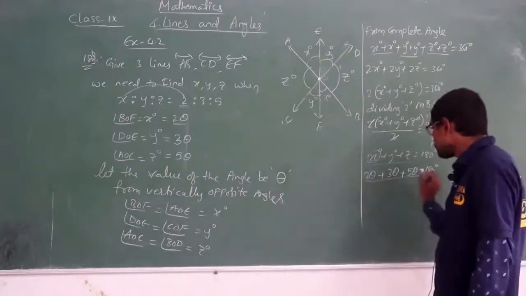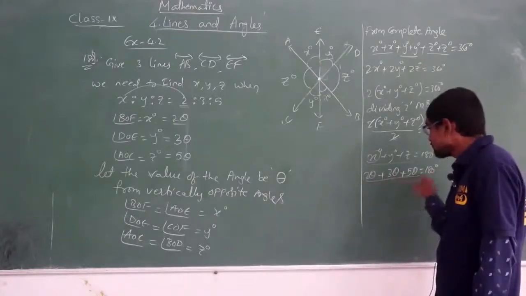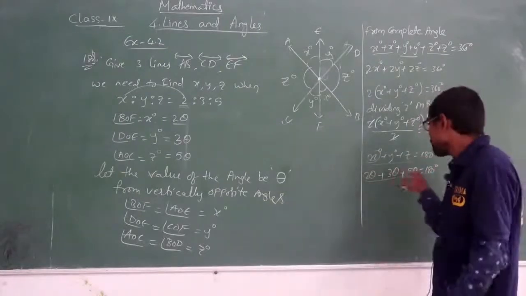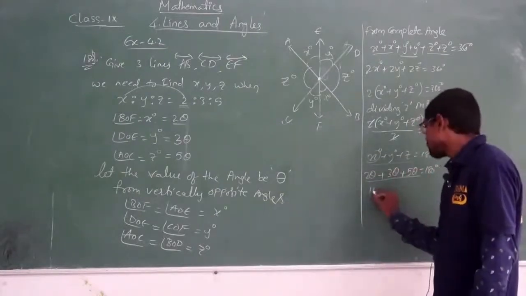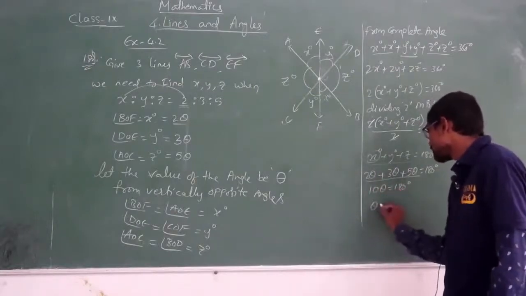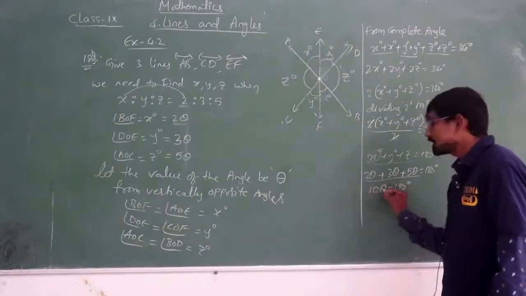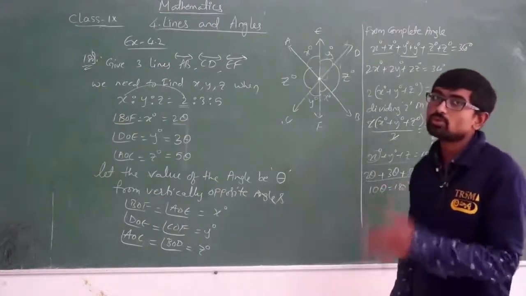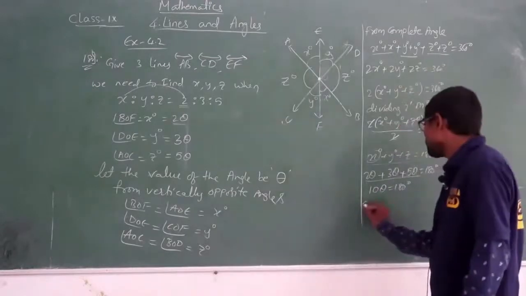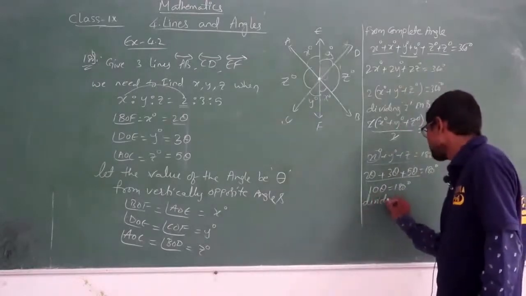On adding these, as these 3 are like terms, 2 theta plus 3 theta is 5 theta, 5 theta plus 5 theta is 10 theta. So here I will get 10 theta is equal to 180 degrees. Now 10 is multiplying theta, so we take the multiplicative inverse of 10, that is 1 by 10, dividing by 10 on both sides.